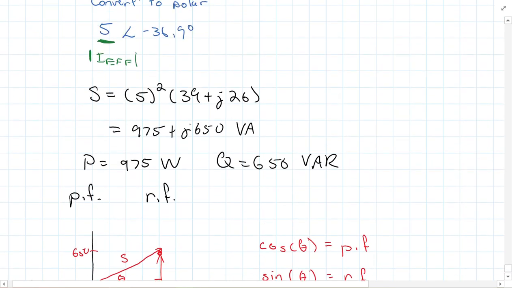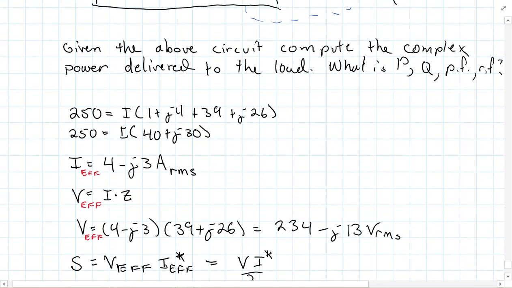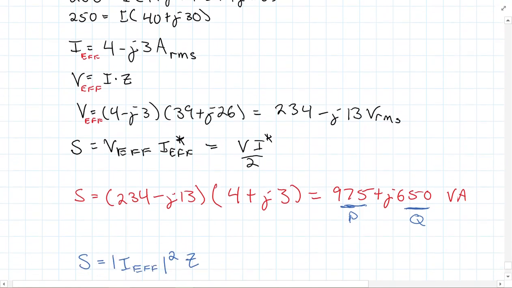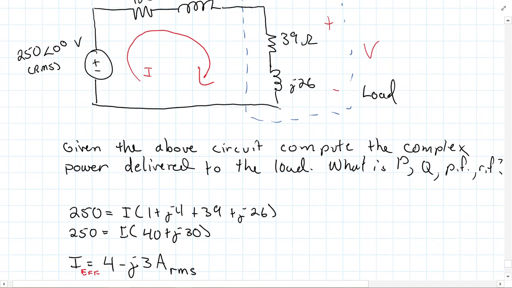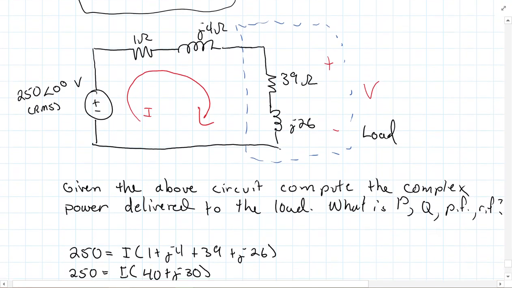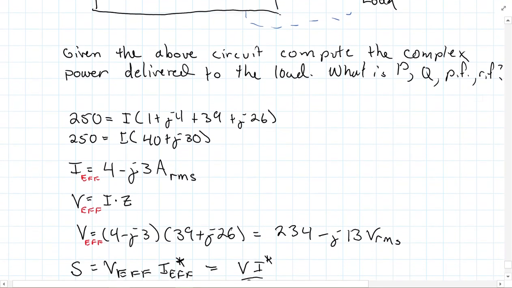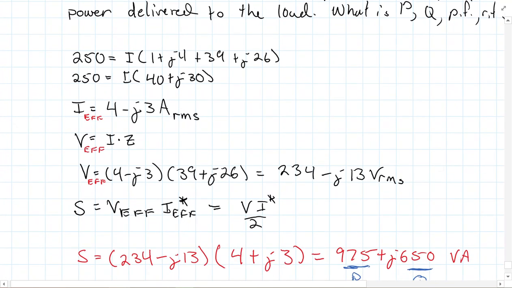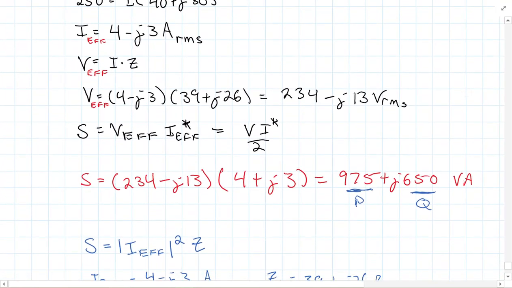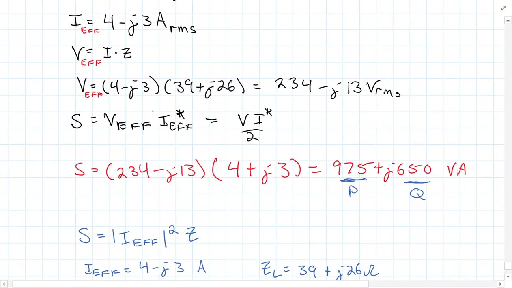All right, so this is just our first example. I know this video has gone a little long, I'm sorry about that, but we just did basic circuit analysis to compute my current, and then depending on which way you wanted to do it, you just have to remember, if you use this power equation, you have to do the conjugate of the current.